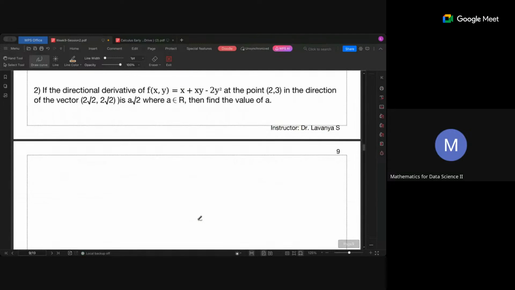Okay, now look at this question. If the directional derivative of f at the point (2, 3) in this direction is a root 2, where a is in R, then find the value of a. So here this is your a and this is your v. So u is v by norm v, remember that.